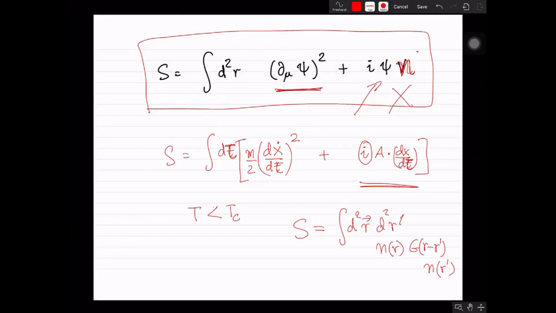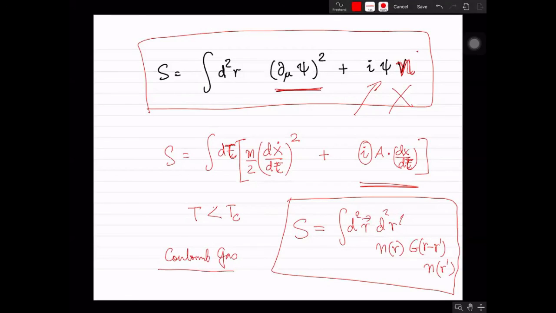And this action now tells us how to think about vortices. It describes a gas of vortices, and this is called the Coulomb gas, because the vortices are like charges of this field.